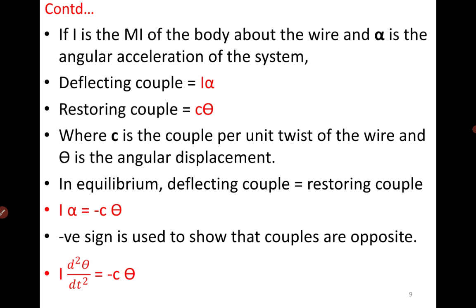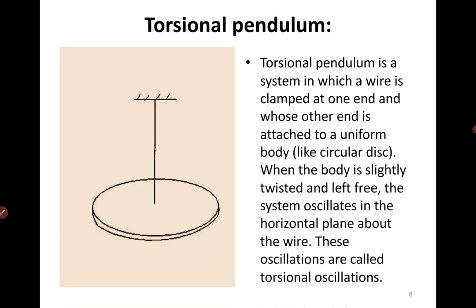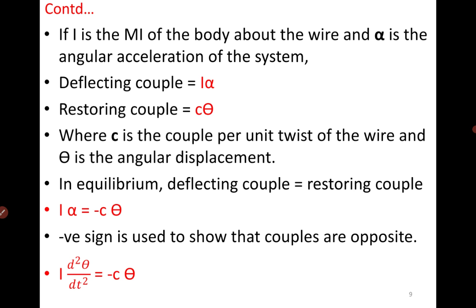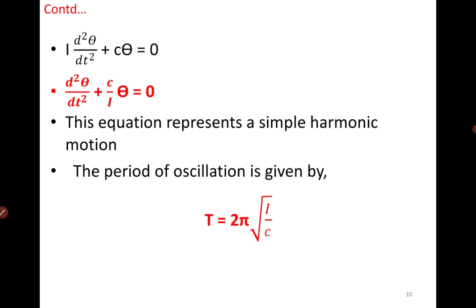If theta is the angular displacement, then d theta by dt is the angular velocity and d square theta by dt square is the angular acceleration. Therefore, alpha can be replaced by d square theta by dt square. So I into d square theta by dt square is equal to minus C theta.